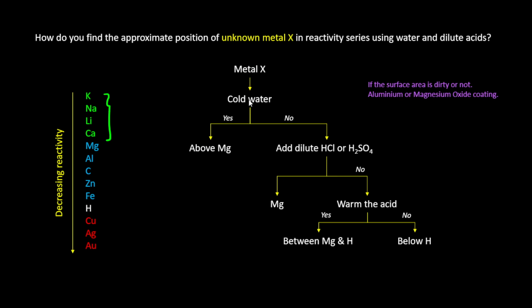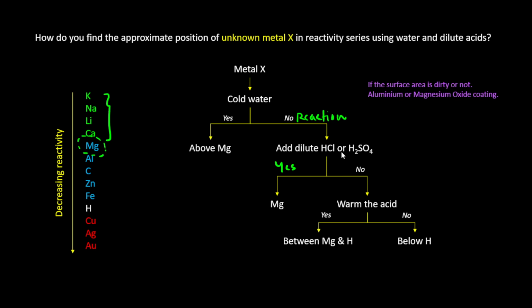But if there is no reaction with cold water, we're going to add it into dilute hydrochloric acid or sulfuric acid. When I say yes and no here, this means that there is no reaction or there is a reaction. So when we add it to dilute hydrochloric or sulfuric acid, if there is a reaction, it should be around magnesium.